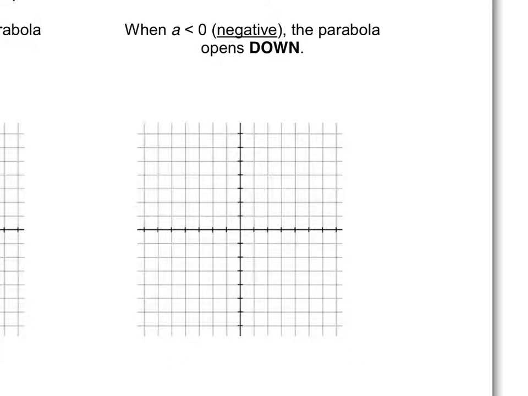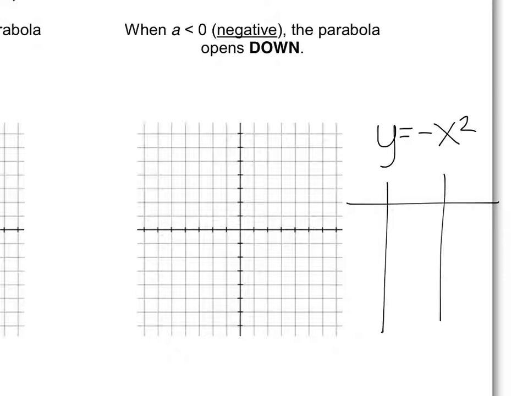Now when a is less than 0, so when a is negative, the parabola is going to open down. So we'll do a basic one of this. Y equals -x squared. It is just going to go down. So let's look at how that looks. If we plug in -2, it's negative times -2 squared.